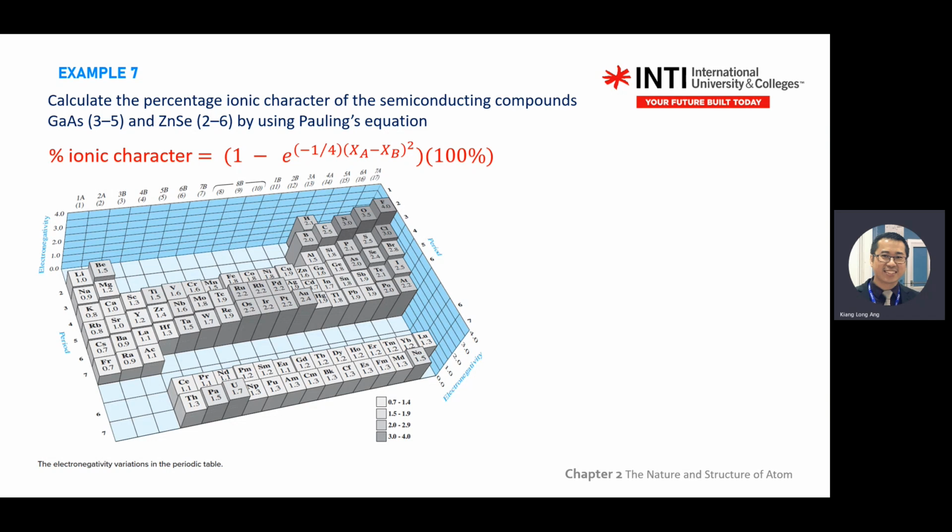Then you key in, if you're scared of the 1.4, just press minus 0.25. Then bracket. Then key in 1.6 minus 2.4.